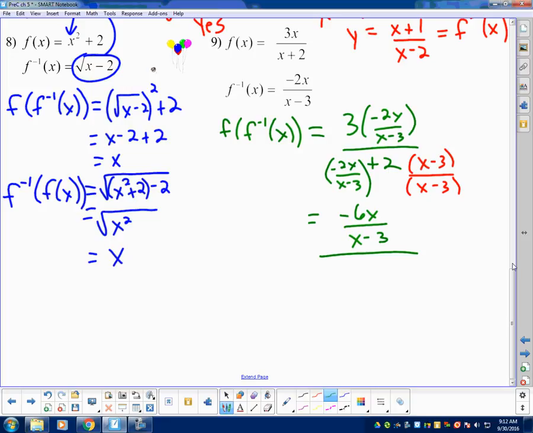So here we go. We have negative 2x plus, distribute the 2x minus 6, all over x minus 3. It looks ridiculous, but we do.